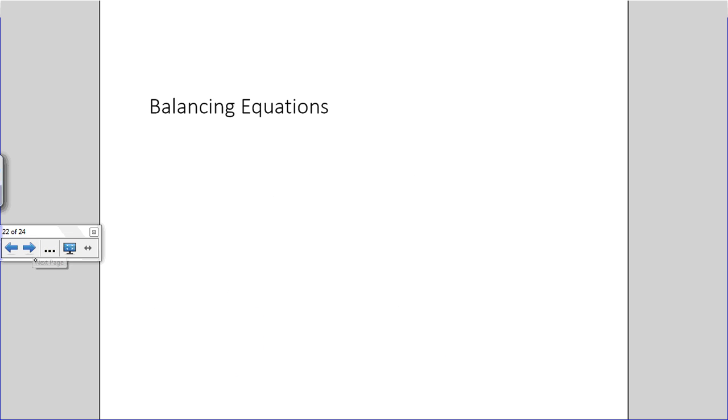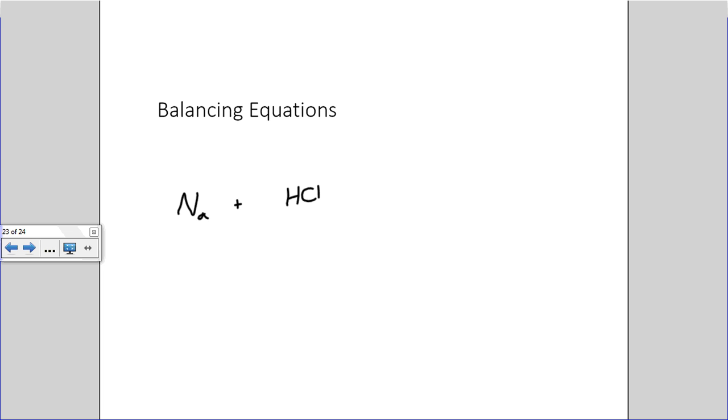Okay, last one. We have Na plus HCl, hydrochloric acid, which is going to give us H2, hydrogen gas, plus NaCl, which is sodium chloride salt.